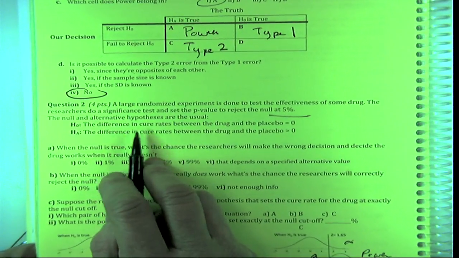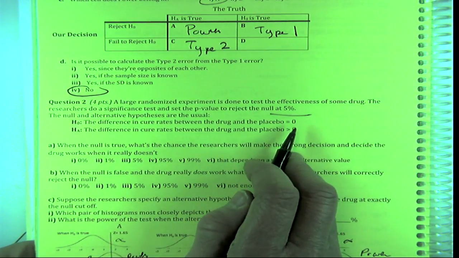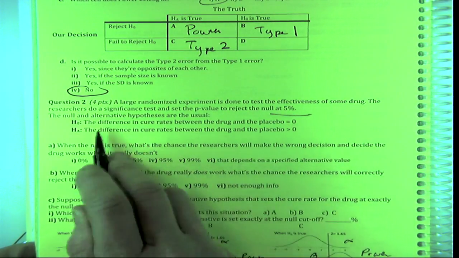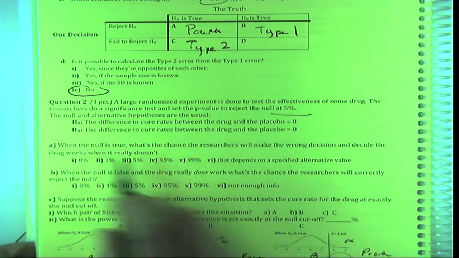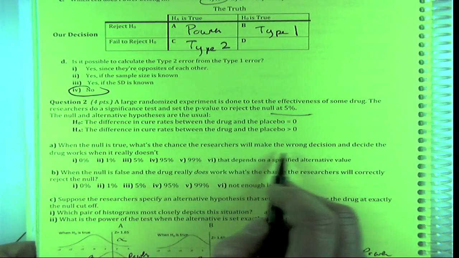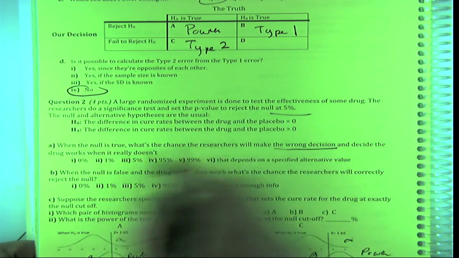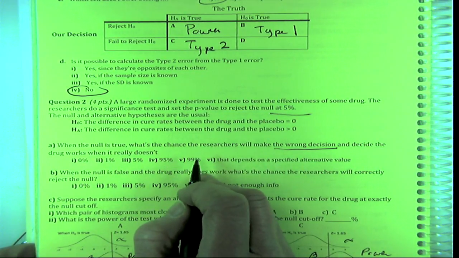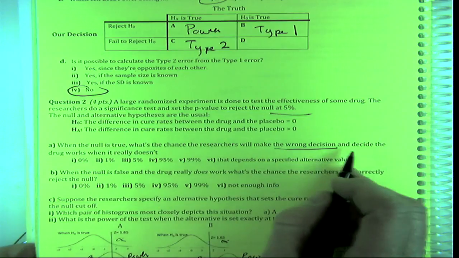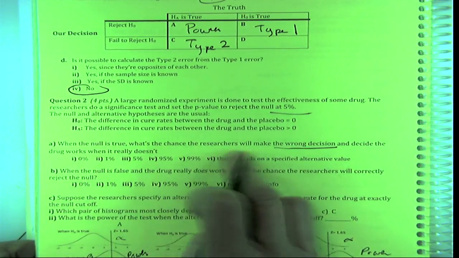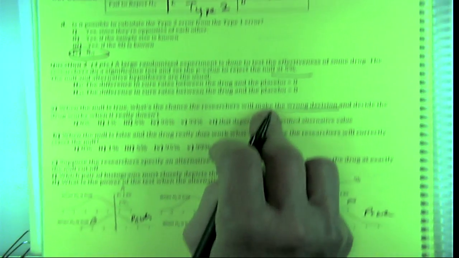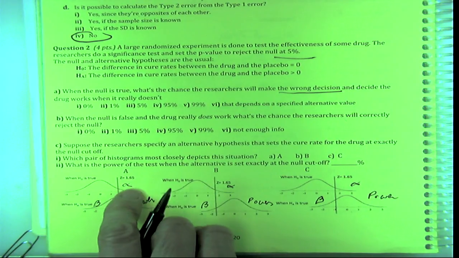So the difference in cure rates between the drug and the placebo is equal to 0, and the alternative is one-sided here. When the null is true, what's the chance the researchers will make the wrong decision, the type 1 error, and decide the drug works when it really doesn't, the false alarm? The null is it doesn't work.